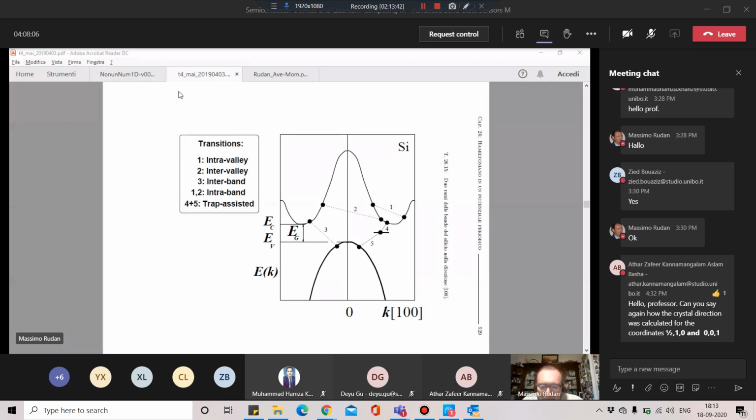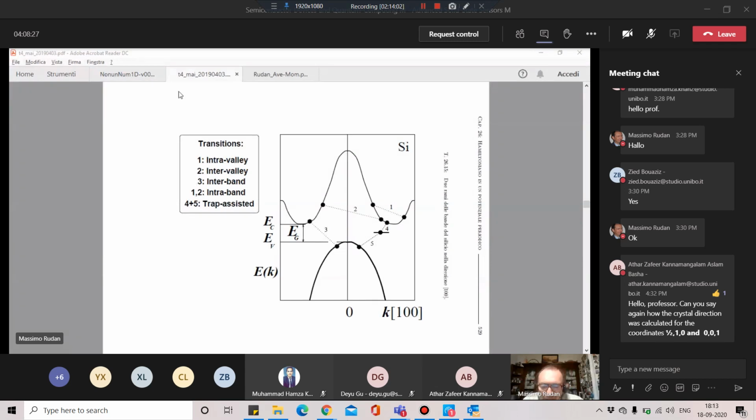This is not the only difference. You remember that when we considered the scaled reciprocal lattice, we also observed that we have a periodicity in that space.